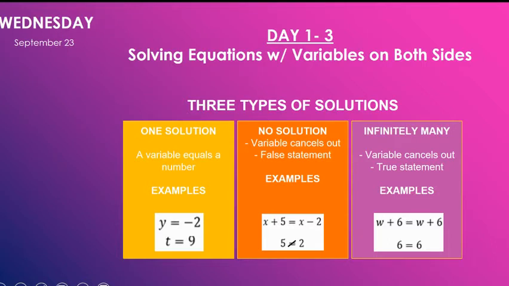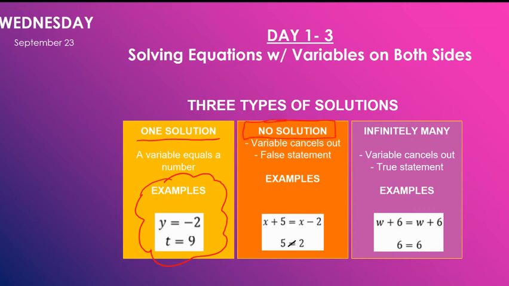So, the types of solutions that we've gone over this week. One solution, which is where a variable equals a number. And here are some examples. We looked at no solution.